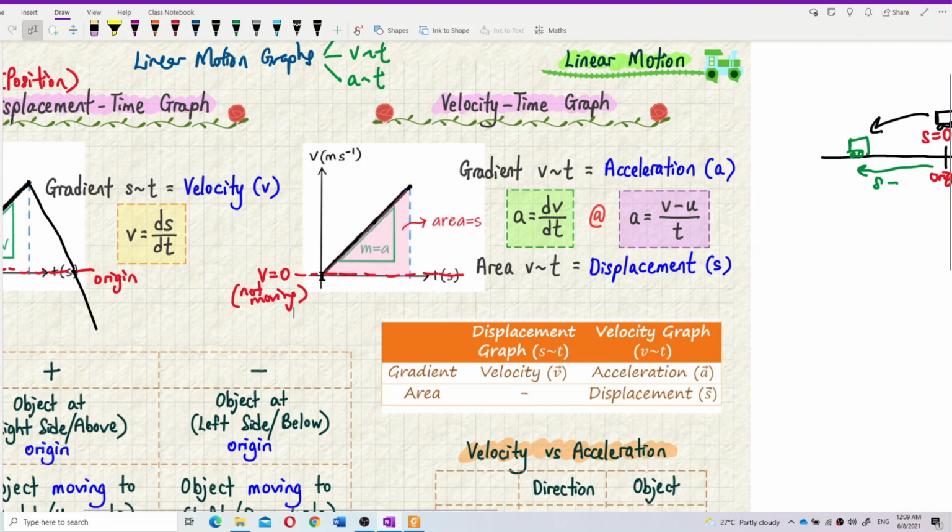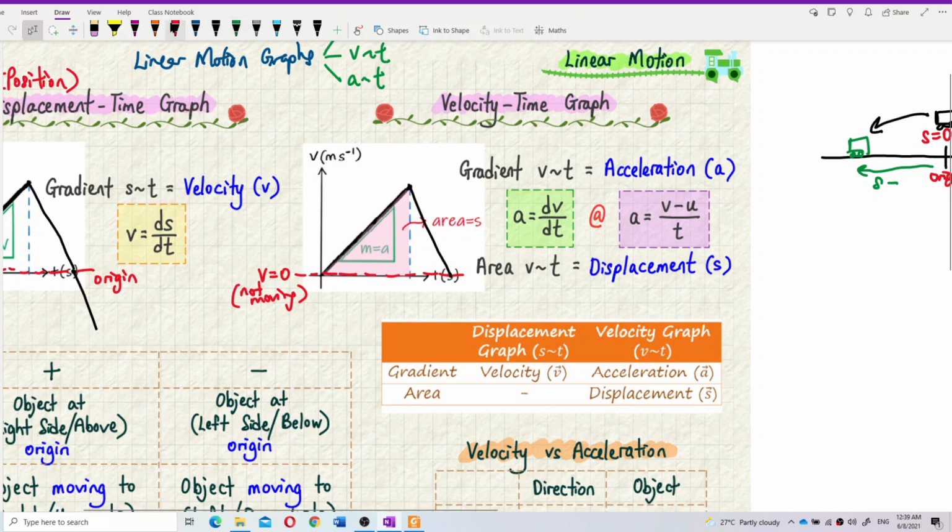That means the object, or the car, starts from rest, and then it goes up. The velocity goes up, becoming faster and faster. If the graph comes back to the time axis, what does it mean when it touches the time axis? It means the car comes to a stop after some time.